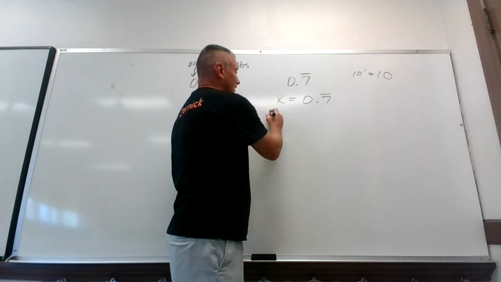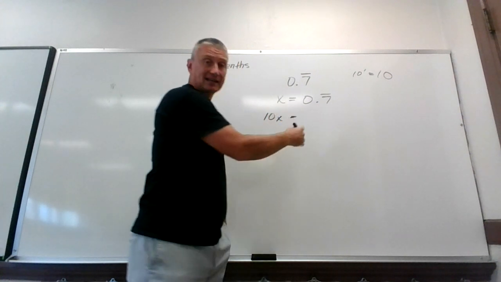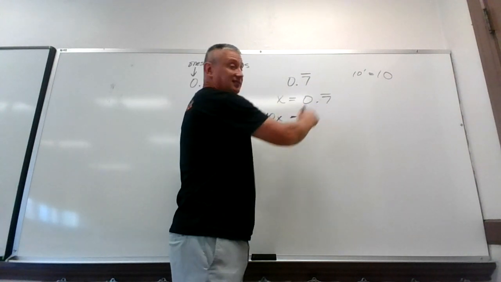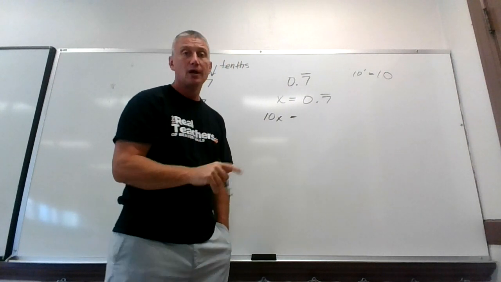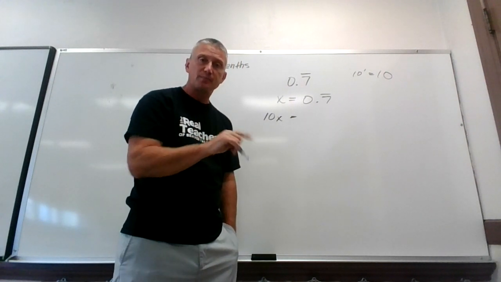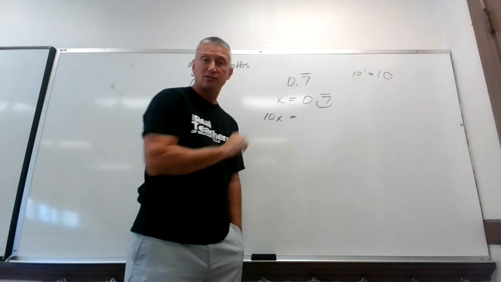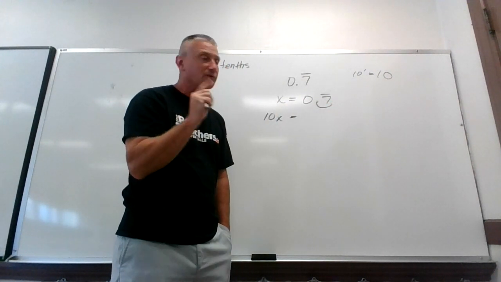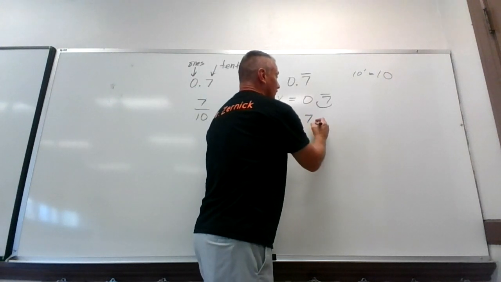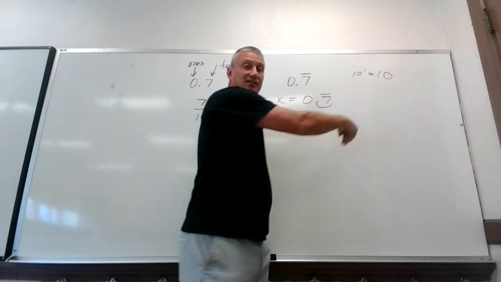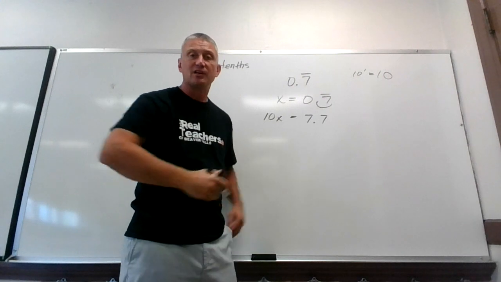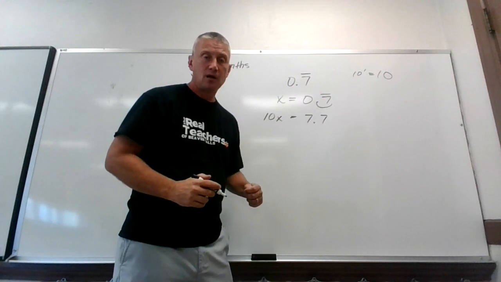If I multiply the x times 10, I will get 10x. If I multiply this times 10, here's a little math trick for you. If you multiply by 10, or 10 to the first power, you move the decimal over one place. It just shifts over. But please remember that when you move that over, there is still a 7 and a 7 and a 7 because that is a repeating 7.